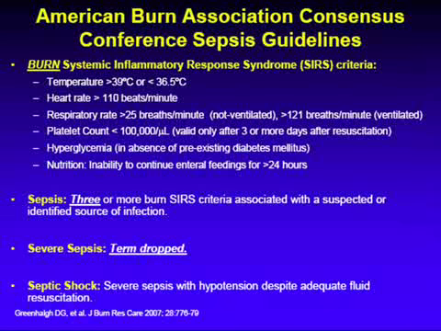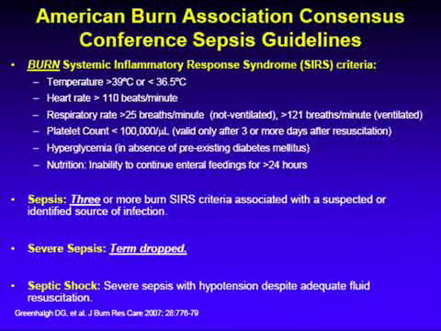The burn SIRS criteria includes temperature greater than 39 degrees Celsius or less than 36.5 degrees Celsius, a heart rate of greater than 110 beats per minute, respiratory rate of greater than 25 breaths per minute when not ventilated, or greater than 121 breaths per minute while being ventilated, a platelet count of less than 100,000 cells per microliter, but this is only valid after 3 or more days after resuscitation, hyperglycemia in presence of pre-existing diabetes, and intolerance of nutrition, that is, an inability to continue enteral feedings for greater than 24 hours.